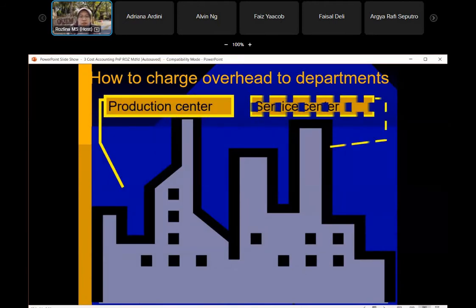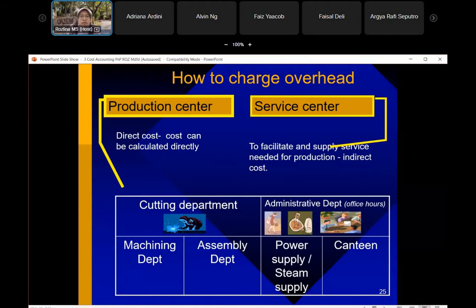I have given you this explanation: we have the production center and the service center, and it will involve the cost of material and cost of labor, which are direct cost. We also have the overhead.